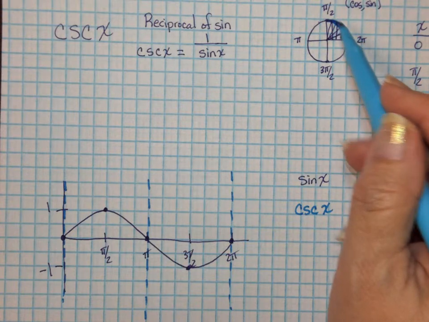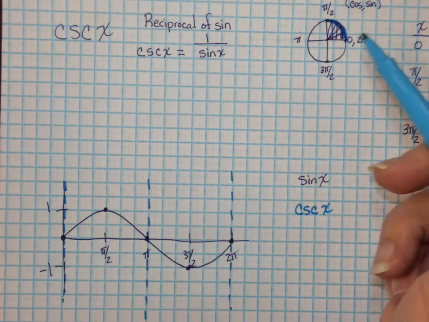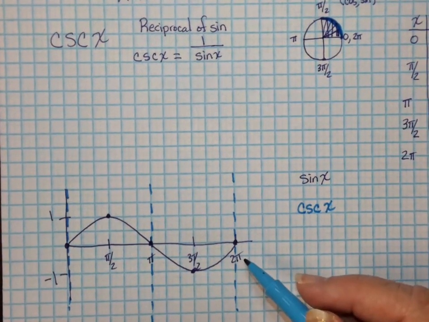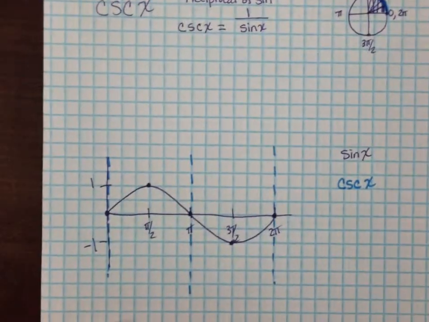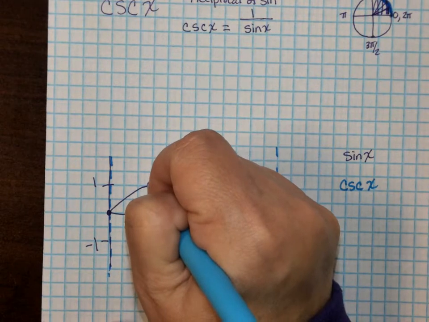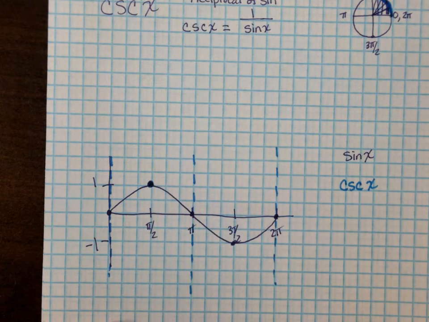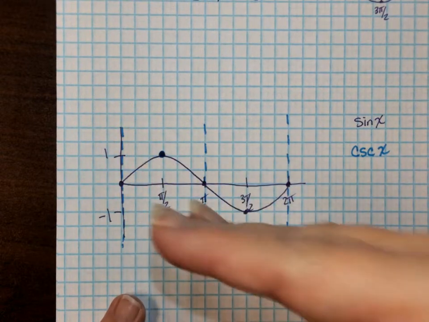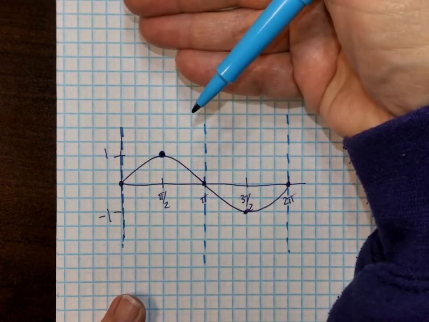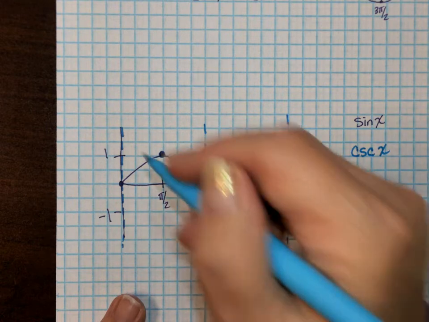So our cosecant numbers have to all be greater than or equal to 1. Right here at pi over 2, cosecant is the same value as sine. They share that point. But all of our cosecant values are going to be greater or equal to 1.